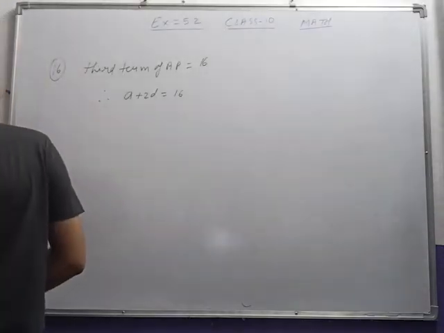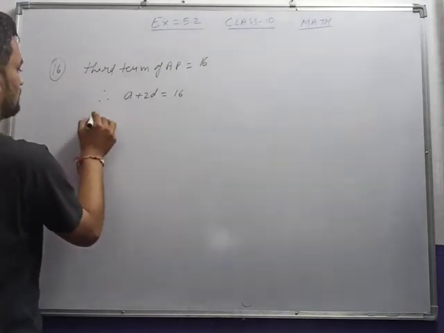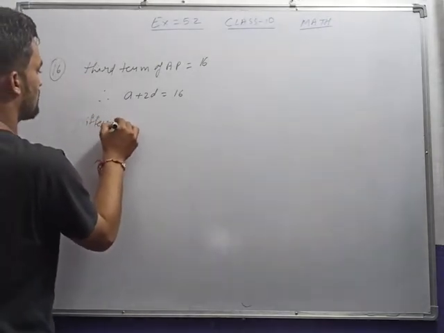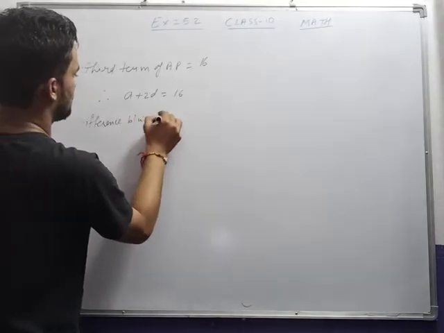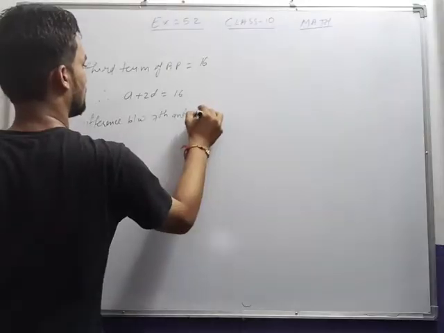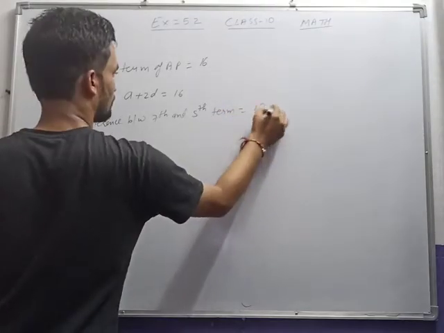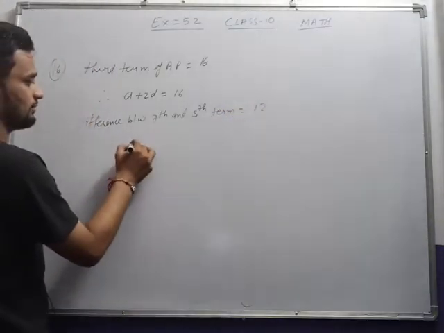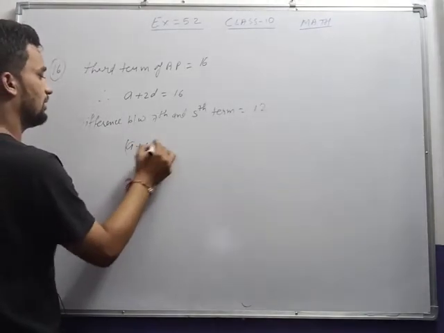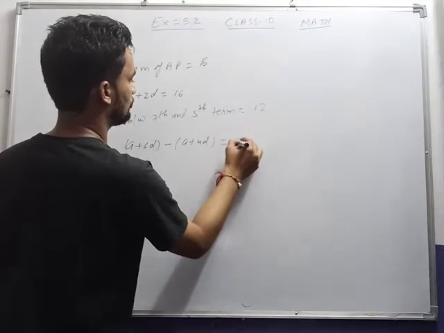And the difference between the 7th and 5th term is equal to 12. Okay beta, 7th term is A plus 6D, and minus A plus 4D should be equal to 12.